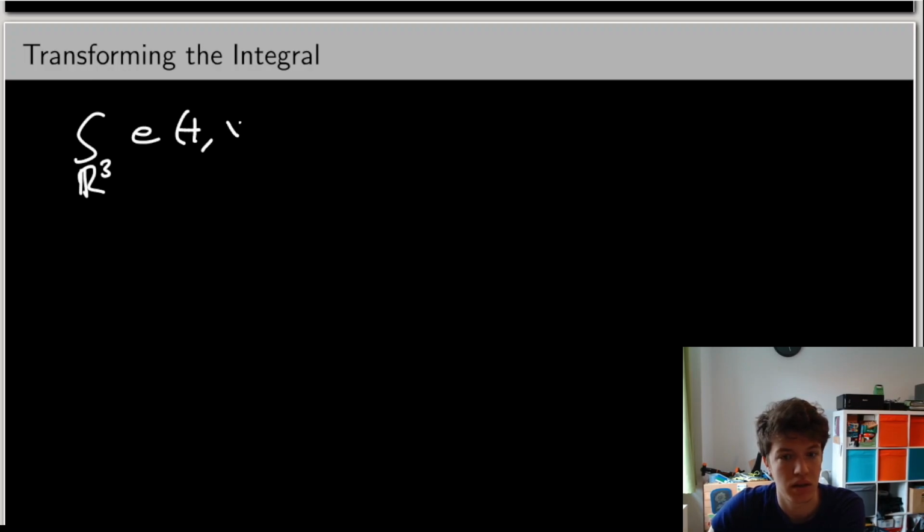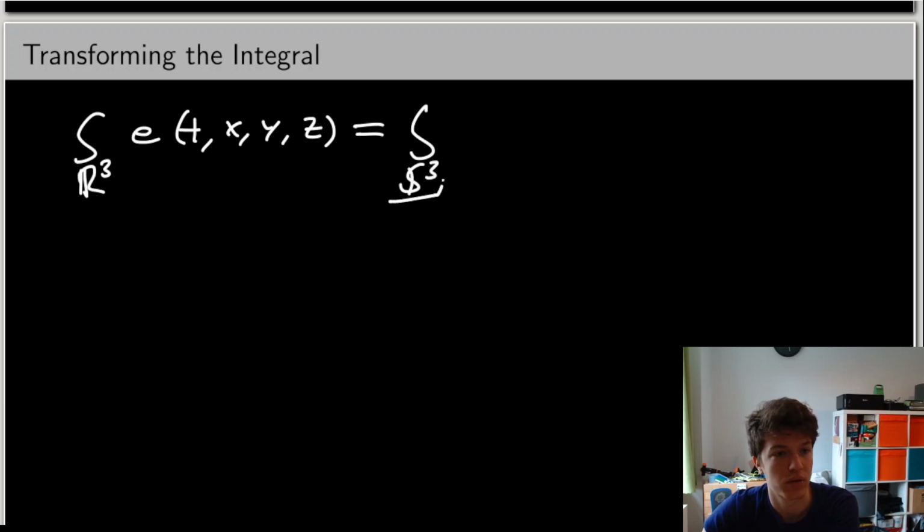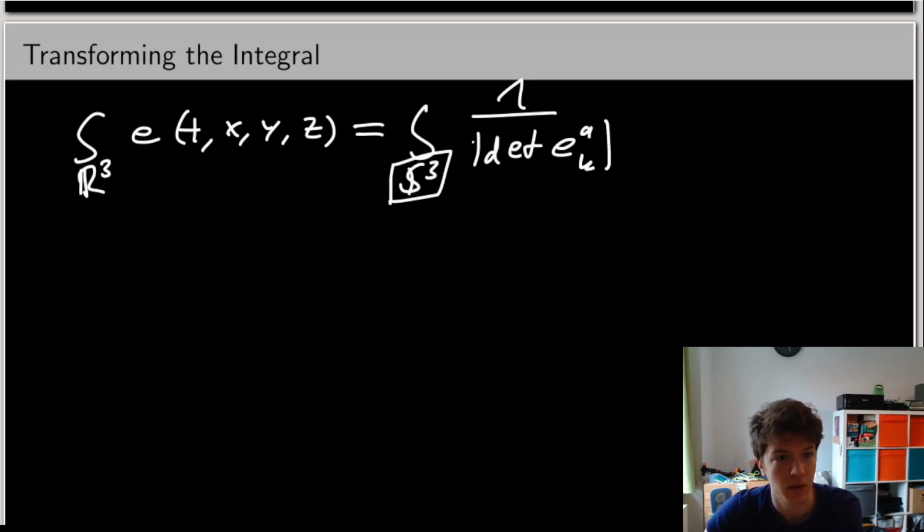So we have e of t, x, y, z, and this will be equal to an integral over the space component in the cylinder, 1 over the determinant of the Jacobian, which is the matrix corresponding to the differential, so the map from the Minkowski space to the cylinder, and we have some different function now depending on those 3-sphere coordinates.